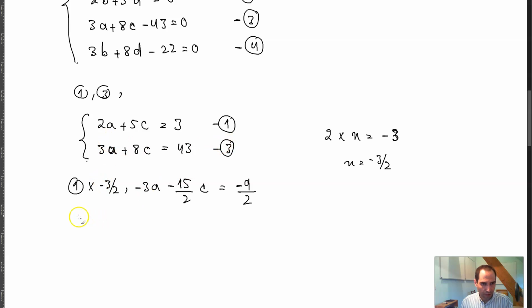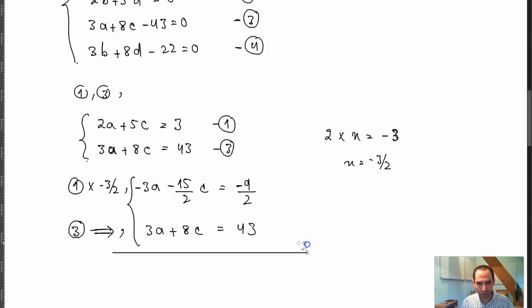And then I write 3a plus 8c is equal to 43 as it is. That's my system of equations.